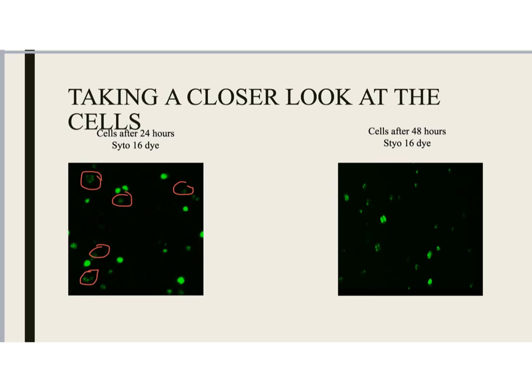If we were to dim down the brightness, then we would have lost all the other cells that I just circled. When taking a look at the cells after 48 hours in the dye, we see more apoptosis, but we also see mitosis. I don't know exactly what this means, but it would be interesting to look at even further.